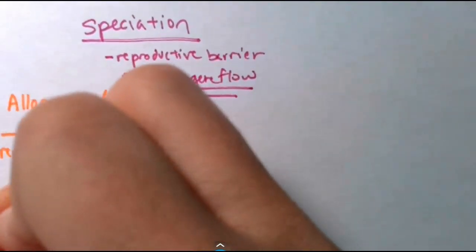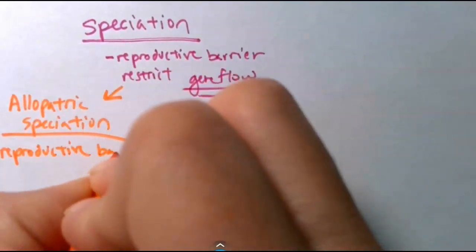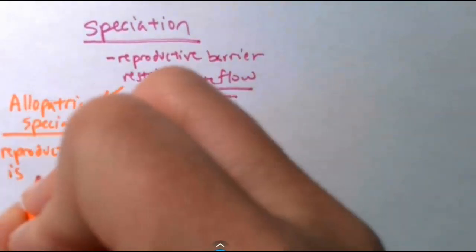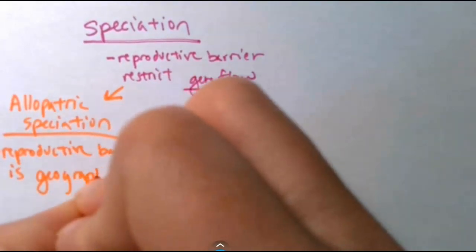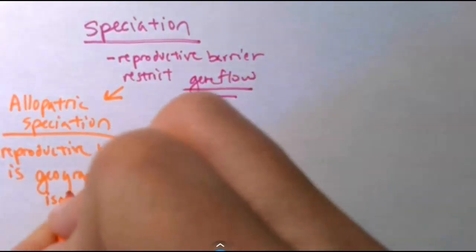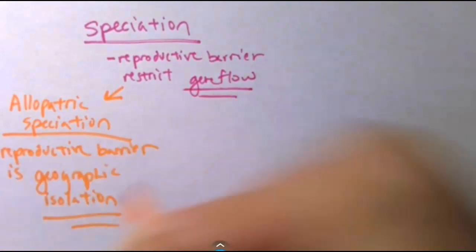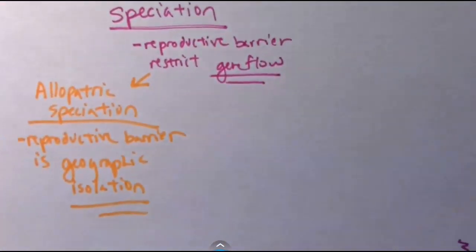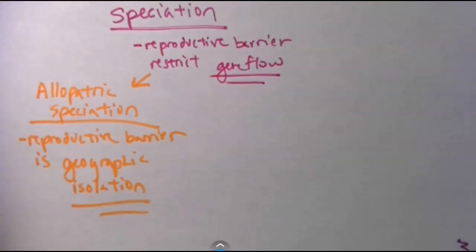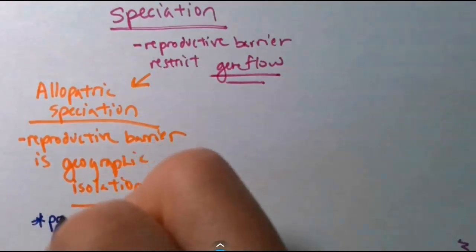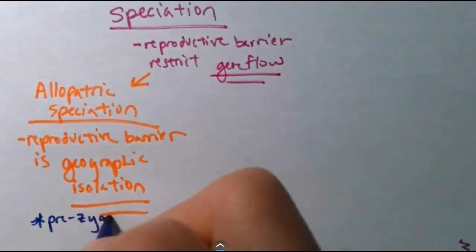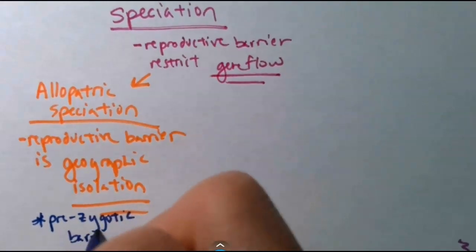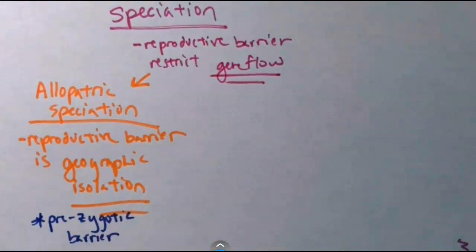In allopatric speciation, the reproductive barrier is geographic isolation, like the squirrels on either side of the Grand Canyon. And this geographic isolation is a type of pre-zygotic barrier because it's before the egg and the sperm get together.